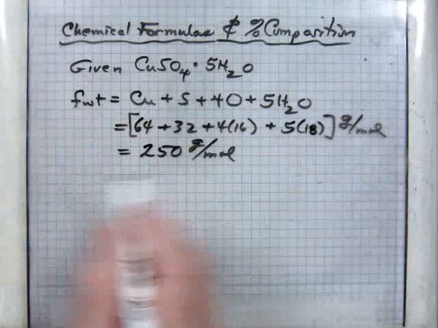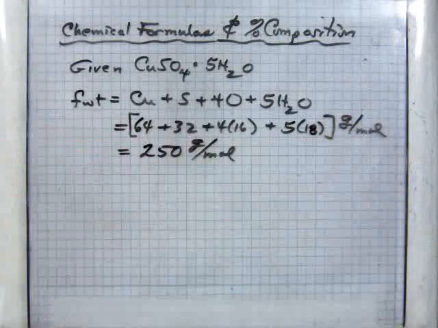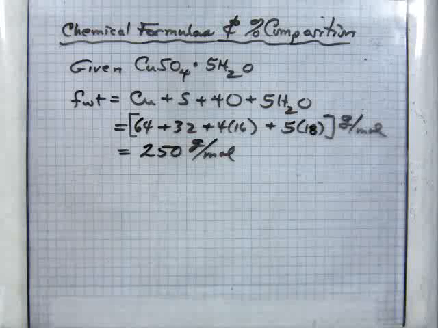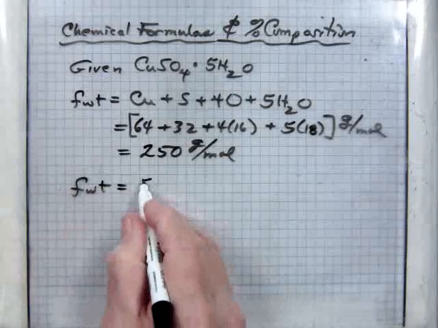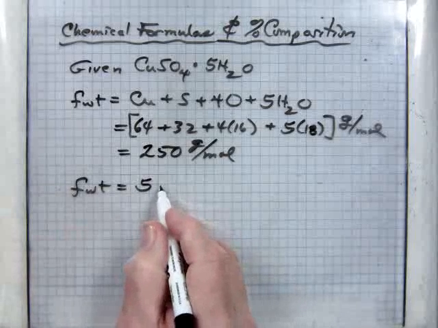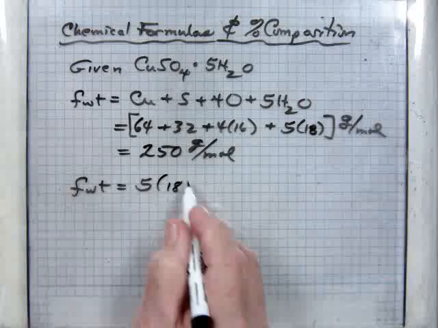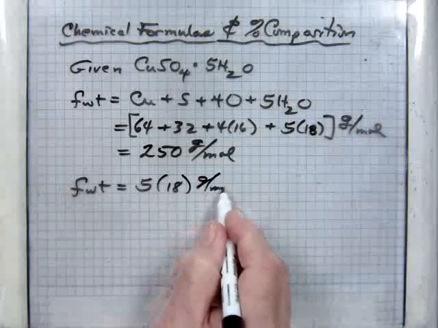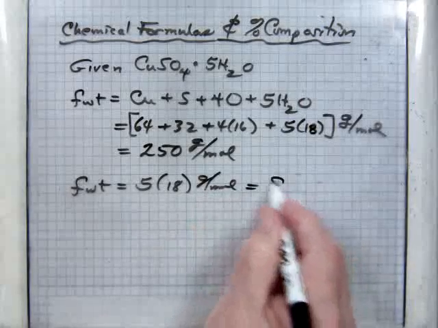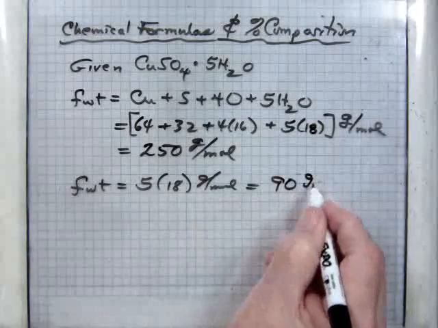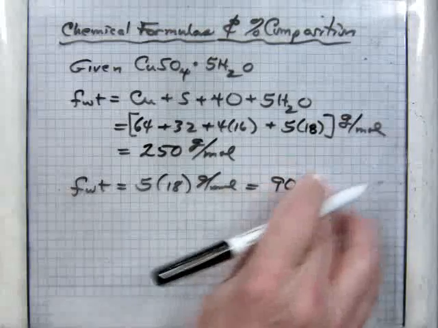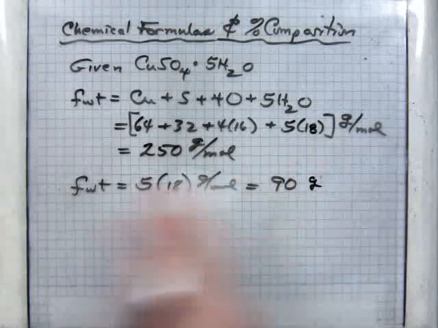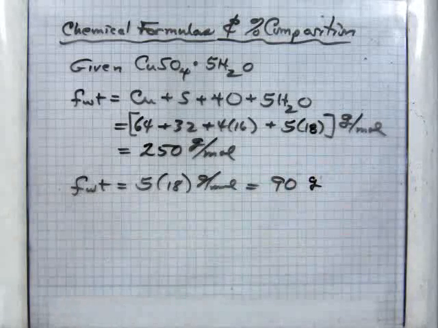Okay, then of course we need the formula weight of 5 H2Os, which is 5 times 18 grams per mole, and that gives you 90 grams for the 5 moles of water.